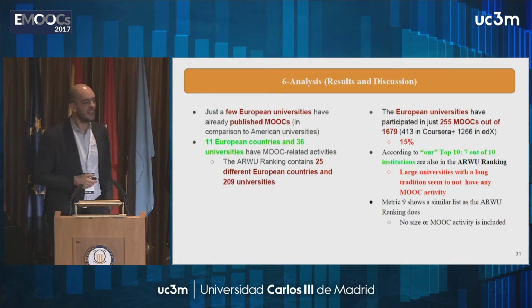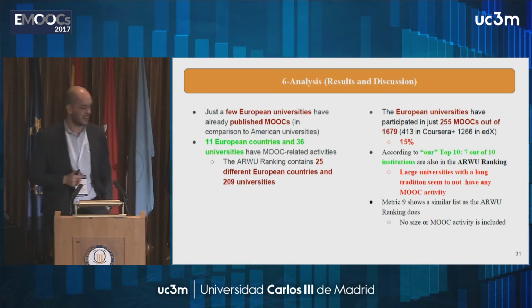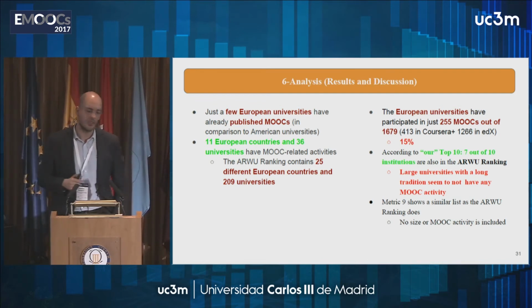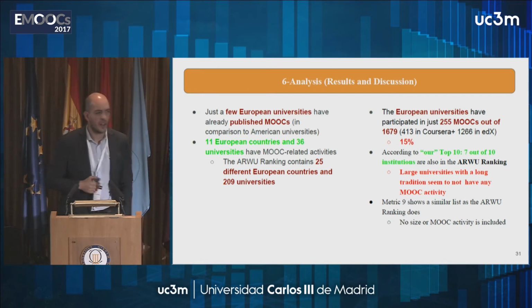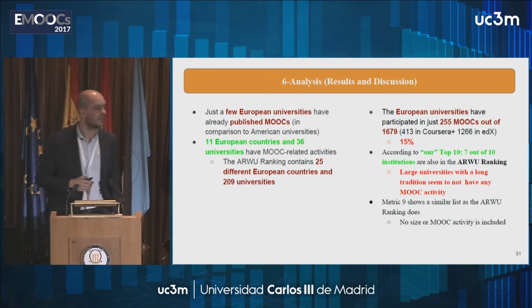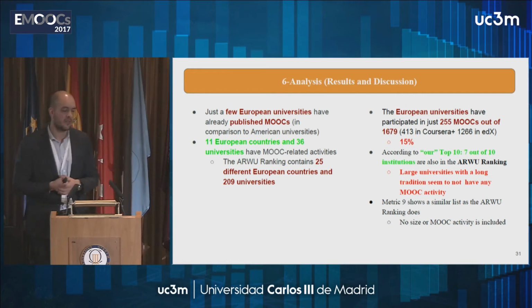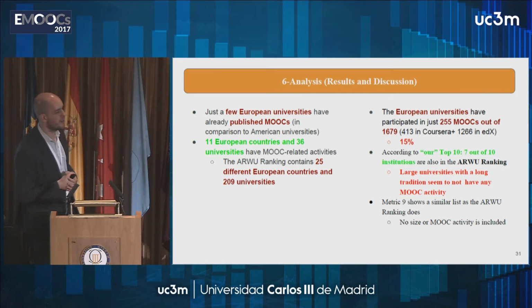So some initial insights after conducting this experiment. Okay, this is a general ground truth. Just a few European universities have already published MOOCs in comparison to American ones. 11 European countries and 36 universities have performed some MOOC-related activity, while in the Shanghai ranking we can find 25 different European countries and 209 universities.